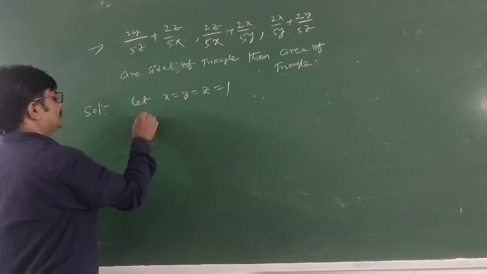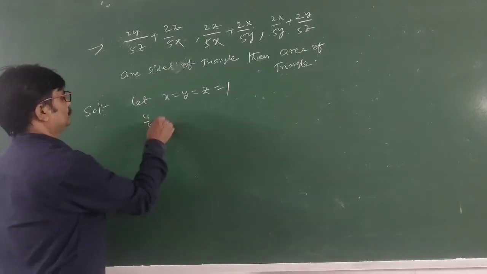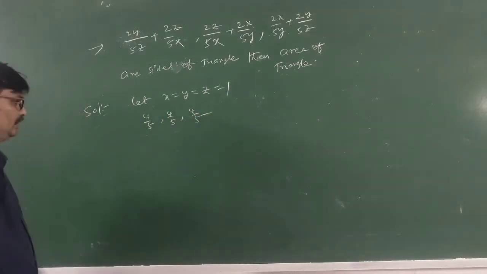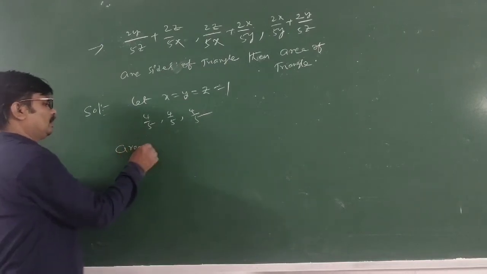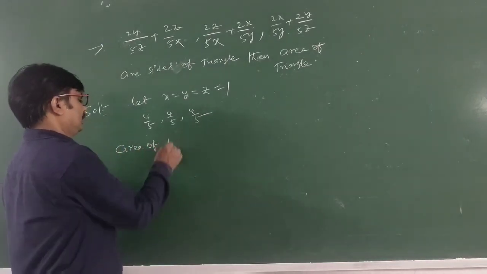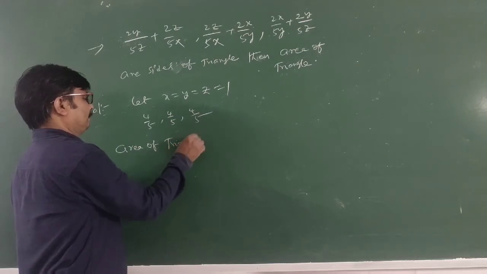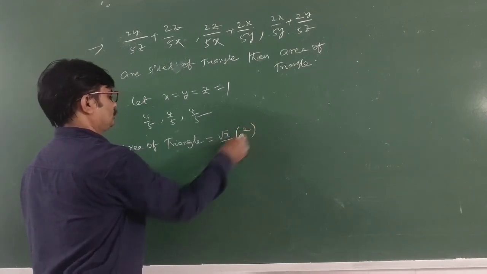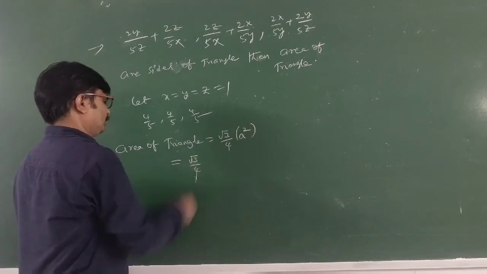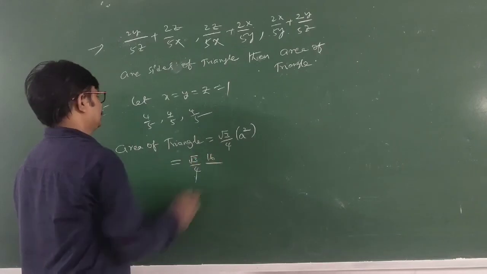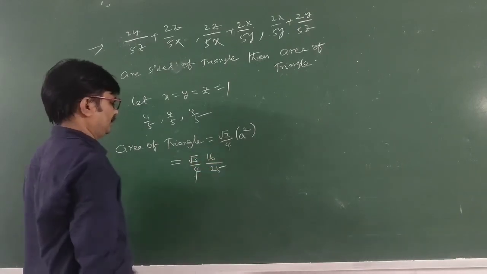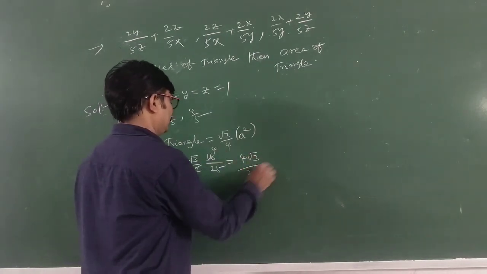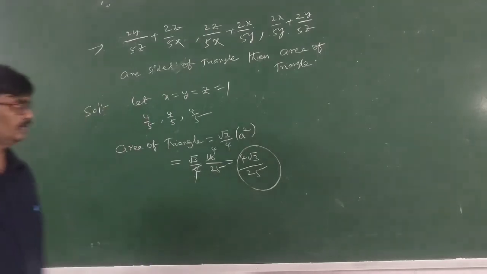Undoubtedly, students, each side is 4 by 5, 4 by 5, 4 by 5. This is the equilateral triangle. So area of the equilateral triangle is root 3 by 4 a square. My dear students, root 3 by 4 a square is 16 by 25. Now students, this is 4 into root 3 by 25. This is our answer.